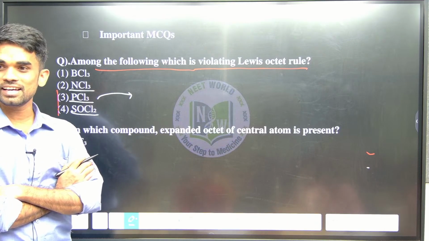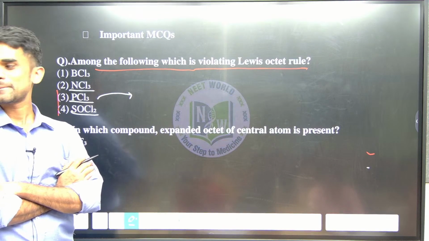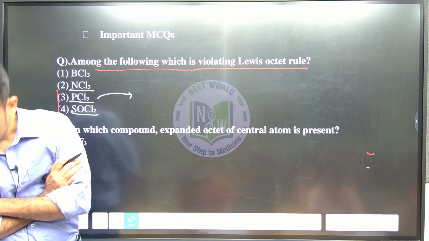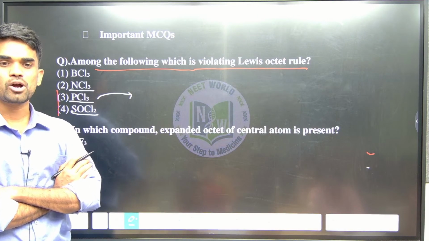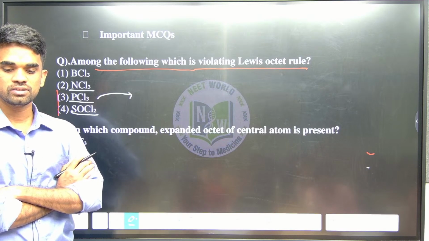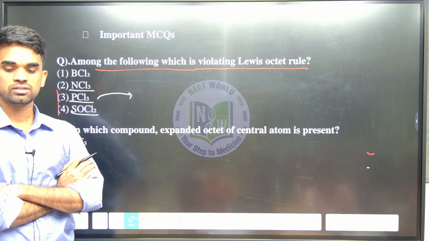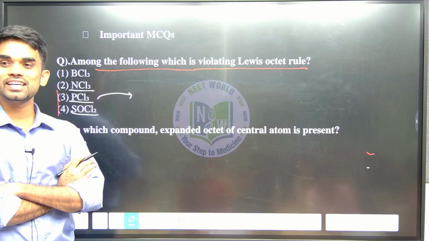See, some are saying, but I want you to answer with confidence. Just draw the Lewis structure, you will get it. Properly you draw for all the elements. Don't do it randomly. So you are only seeing nitrogen.